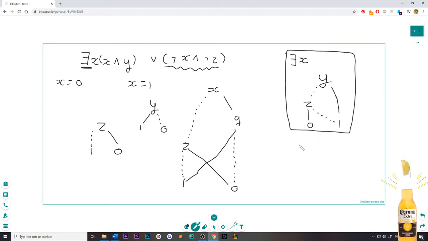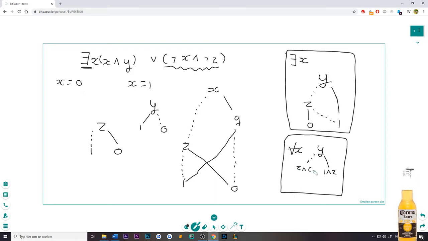Now, if we want to calculate the OBDD for all x, we do the same. We start off by drawing y, and then we get 1 and z here, and z and 0 here.